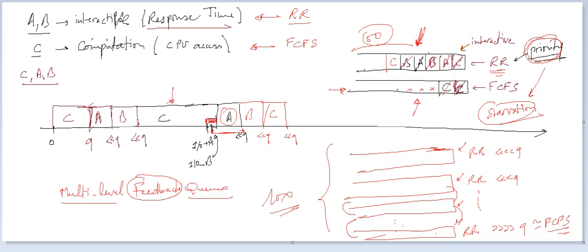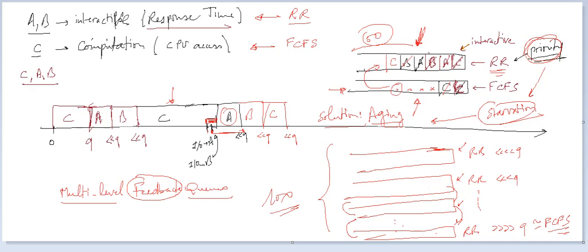One way of handling that, the solution, is what we call aging. That means that if you wait for a certain amount of time, the system is going to upgrade your priority and give you a higher priority.